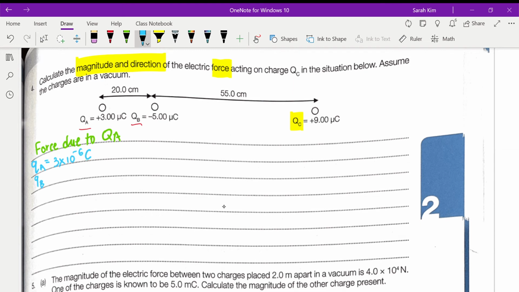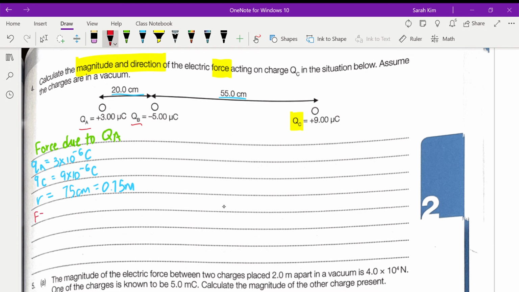My QC is 9 times 10 to the power of negative 6. My R, I got to add these two together, hopefully you understand that. So that'll be 20 plus 55, 75 centimeters, which is 0.75 meters. And that's it, I should be able to find it.